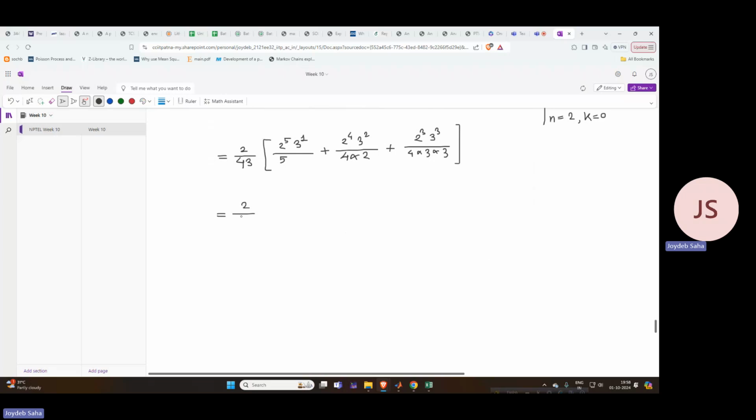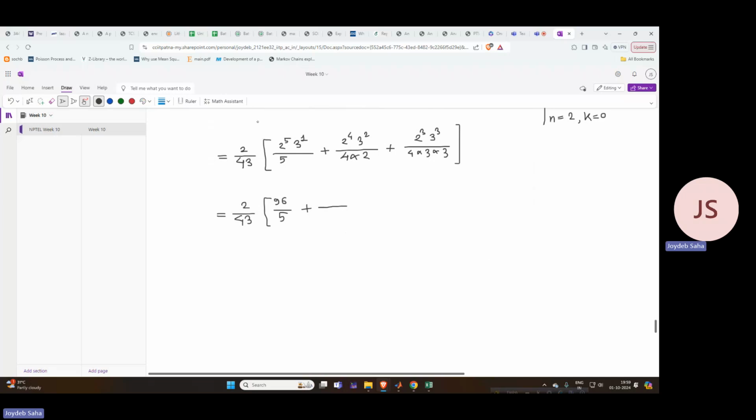This is 2 upon 43. This one we can write as 96 by 5 plus 2 to the power 4 multiplied with 9.